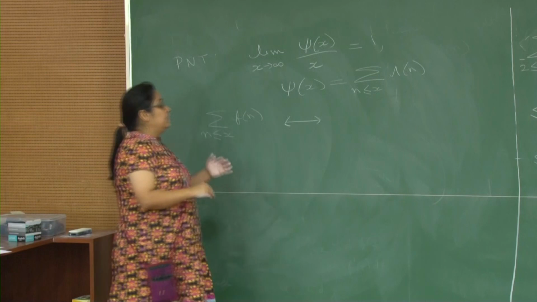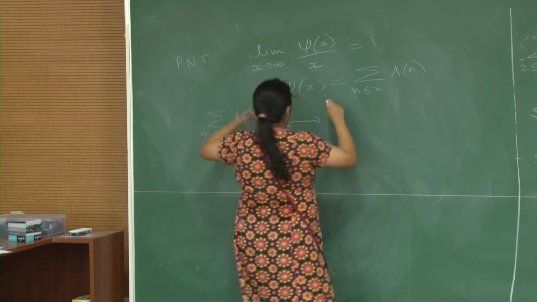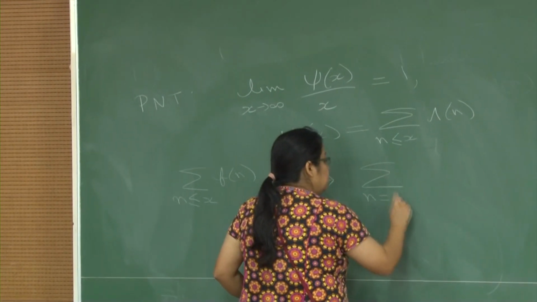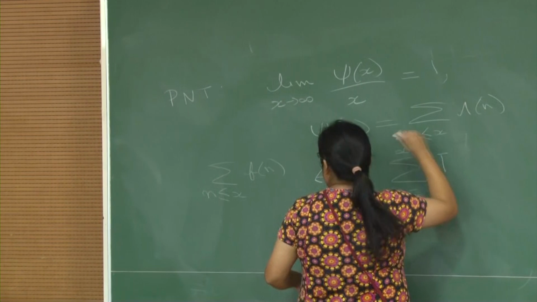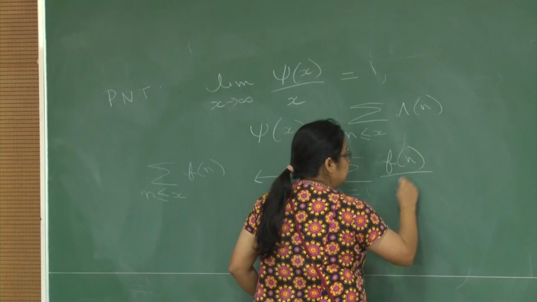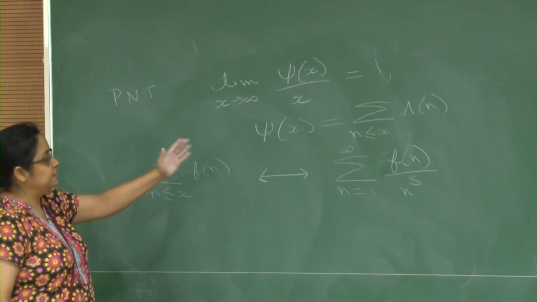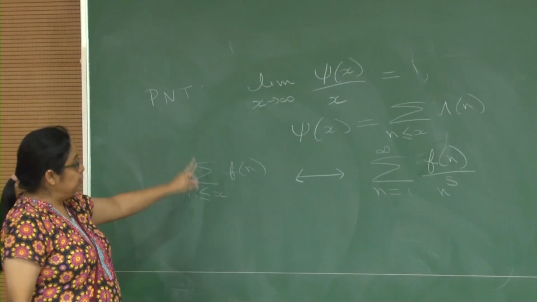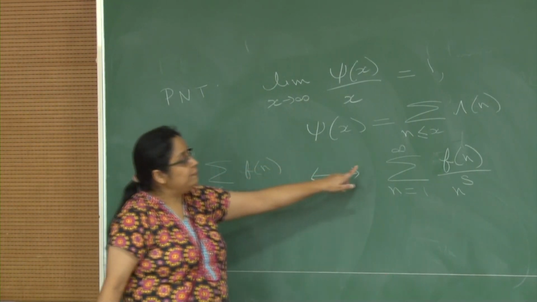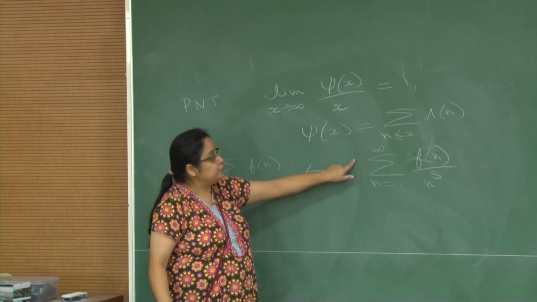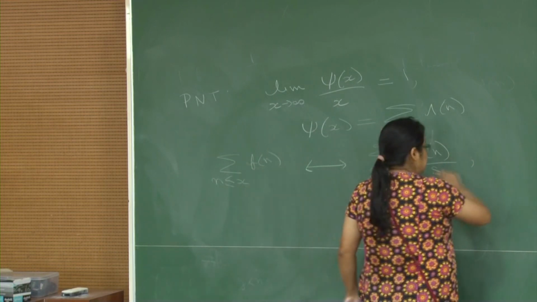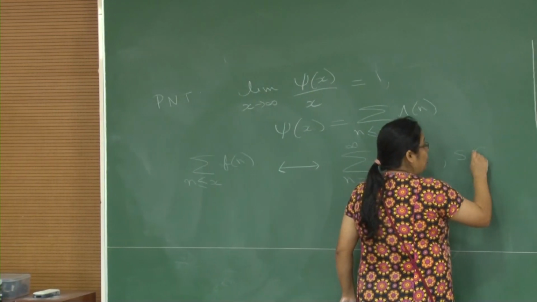This is the genius of Riemann, and this idea was studied by Riemann, Dirichlet and many others. This is basically your analytic number theory in a nutshell. In order to study this sum, you have to study the analytic properties of this infinite sum. And it was Riemann who first actually defined these sums for complex numbers.